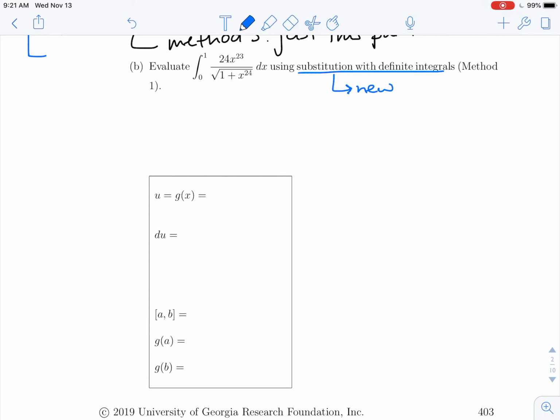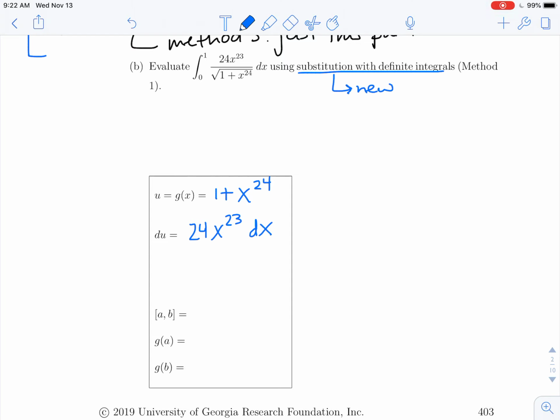You'll notice that in this helper box underneath this part, there's more stuff in it now, because we need to make room to also account for the limits of integration that will change. So the u is the same as before, 1 plus x to the 24th. The du is 24x to the 23rd dx.